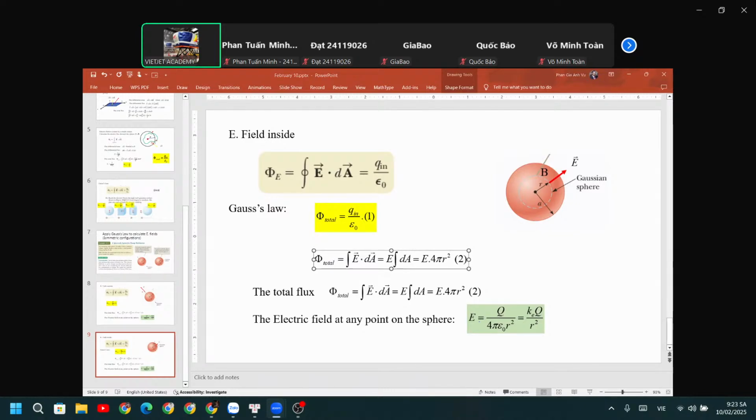So the problem now is calculating Q in. Q in is equal to the charge density rho multiplied with the volume.